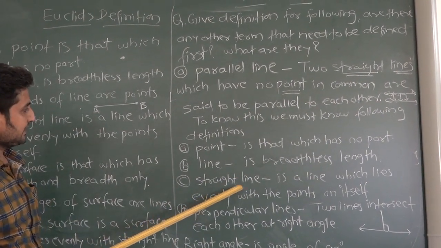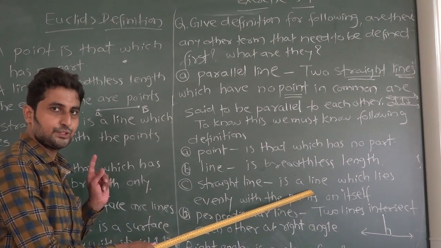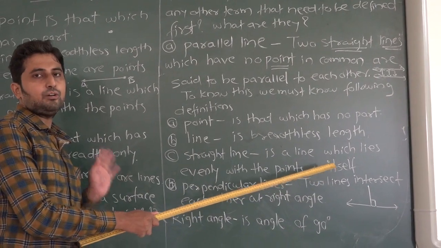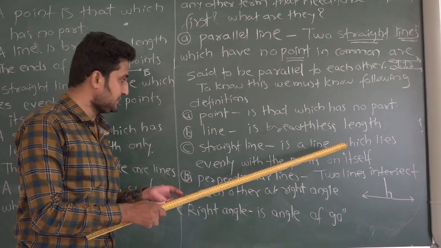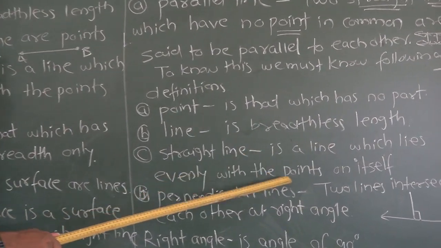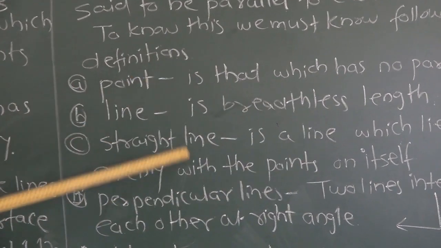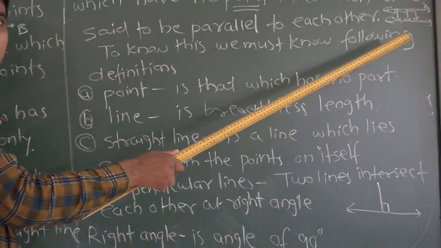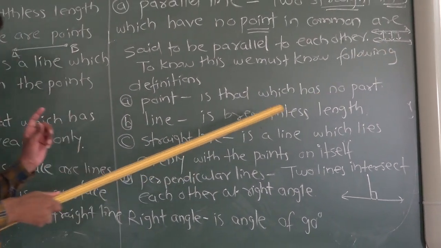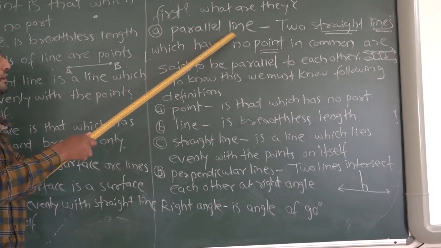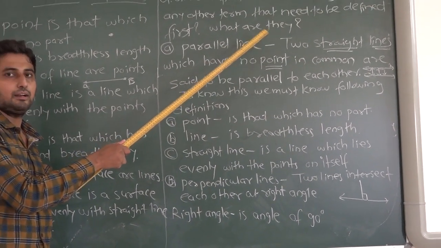So what is the straight line? Straight line is a line which lies evenly with the points on itself. The condition is that a straight line is a line which lies evenly with the points on itself. Satisfying this definition, we come up to the parallel line. That's why we must remember these concepts in order to define the parallel line.